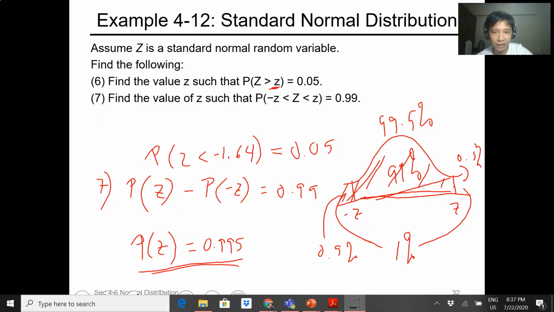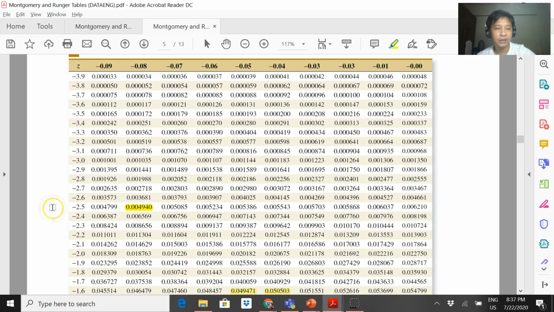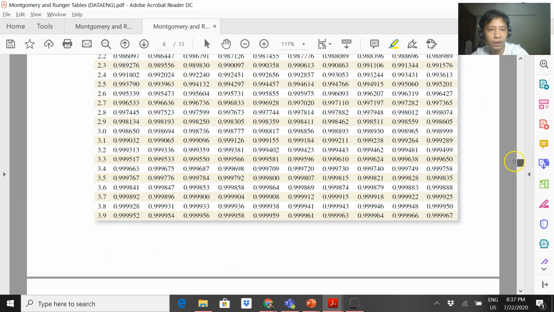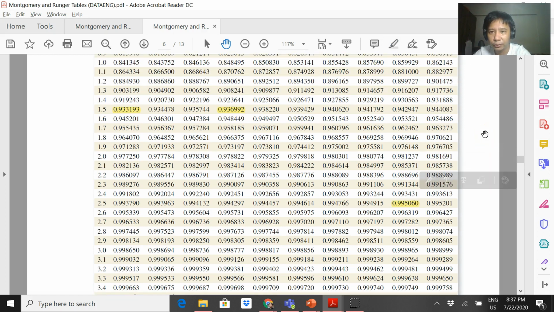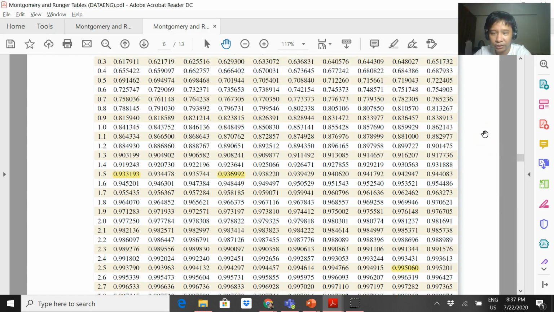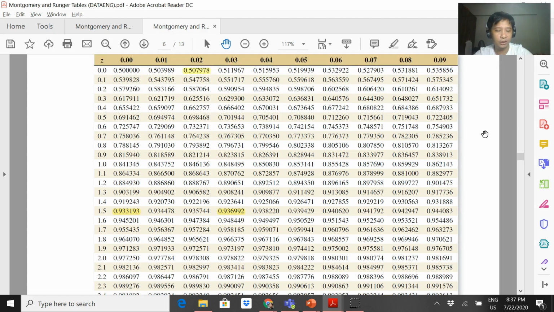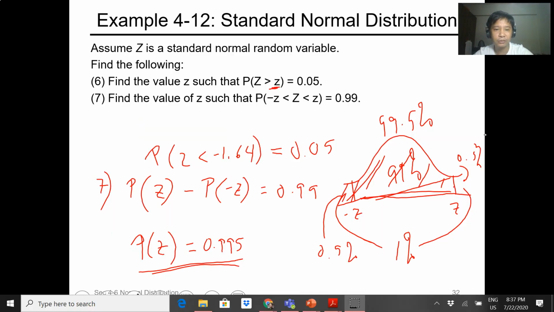So, makukuha natin yung Z. So, hanapin lang natin yung 0.995. So, we can use this one as value. So, that is 2.58. Okay. So, balik tayo dito sa value.